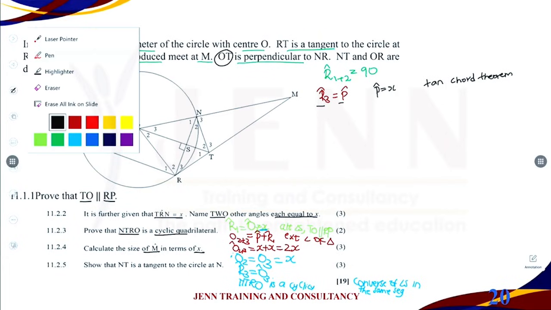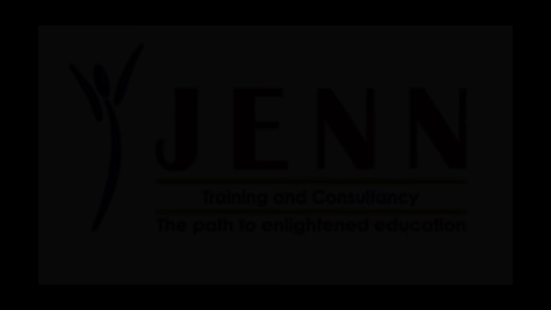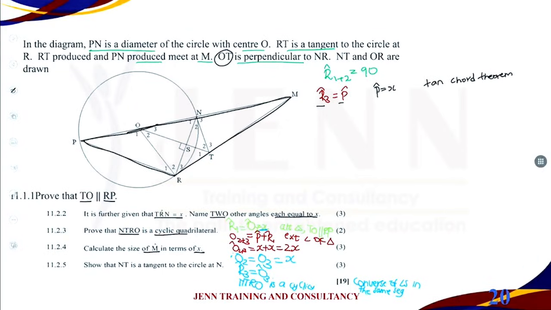If you check, we have P, M, R. So PMR, it is indeed a triangle, right?